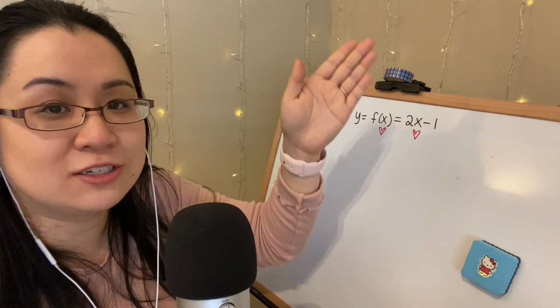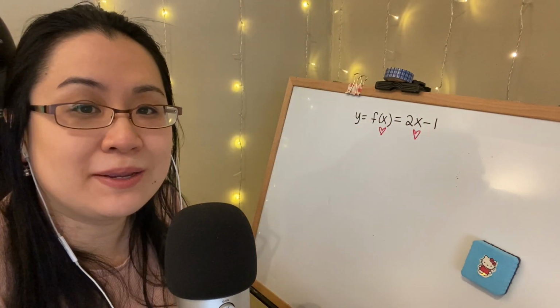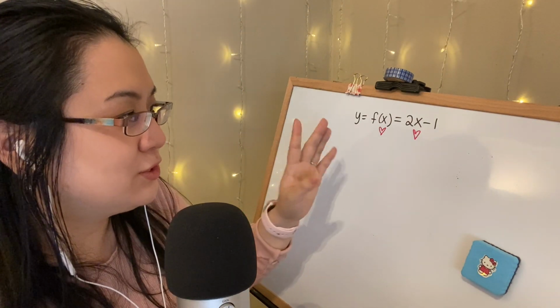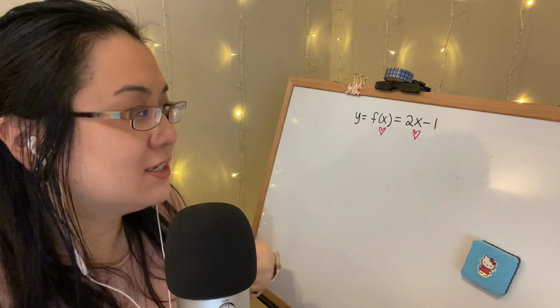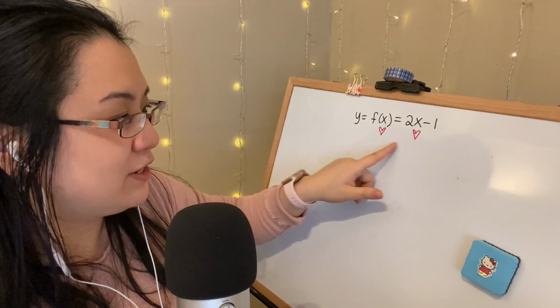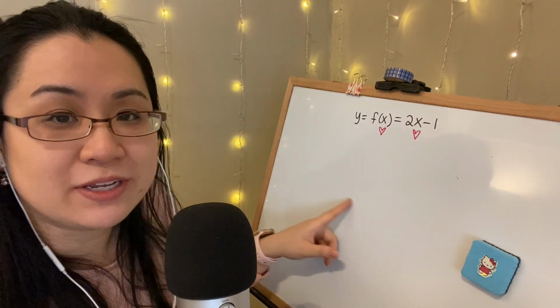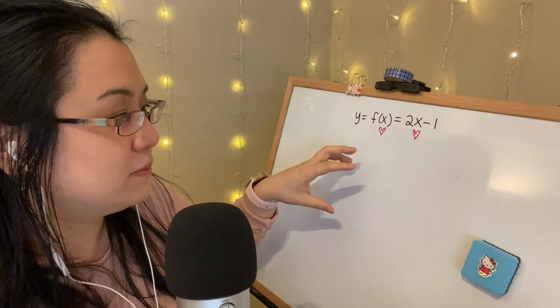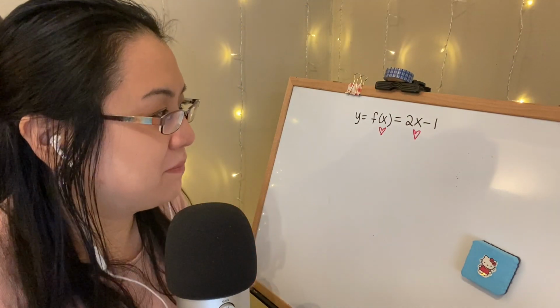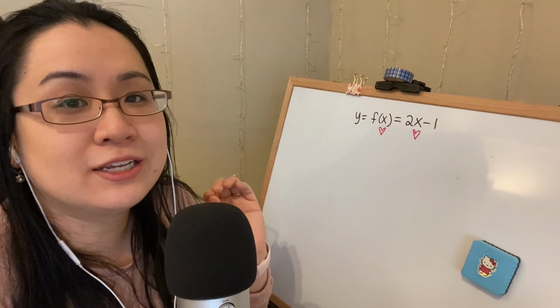So as I trace up or down following the y values, there should only ever be one that touches it. So that's the vertical line test. And so in order for something to be a true function, you shouldn't have something like this S pattern or anything that doubles up over itself in a graph. Okay, so that's what a function is.